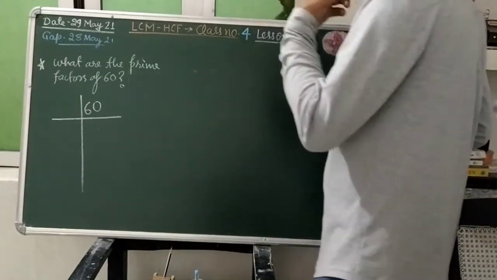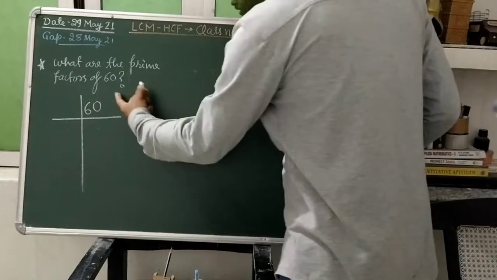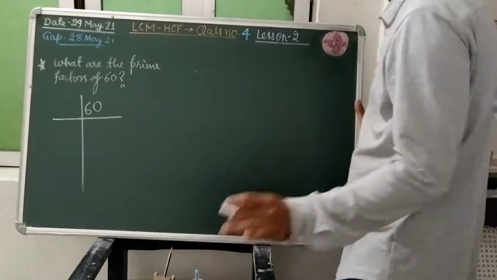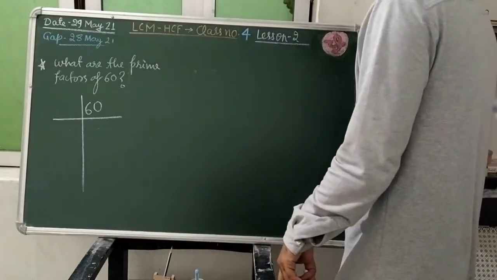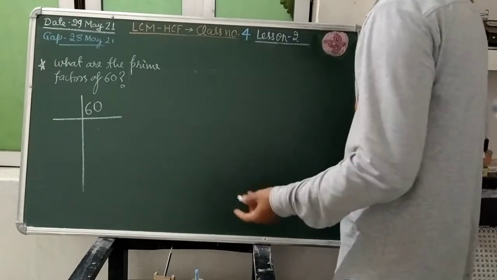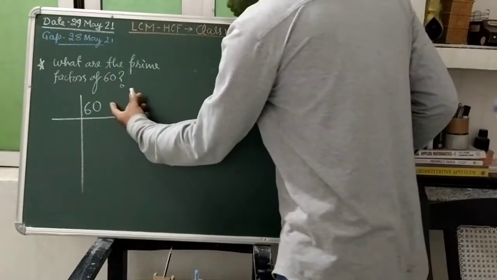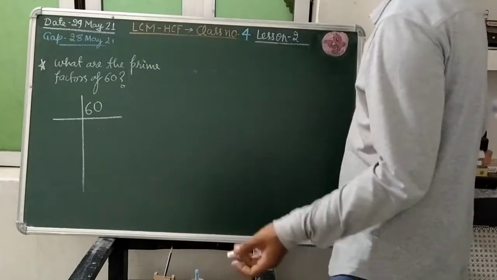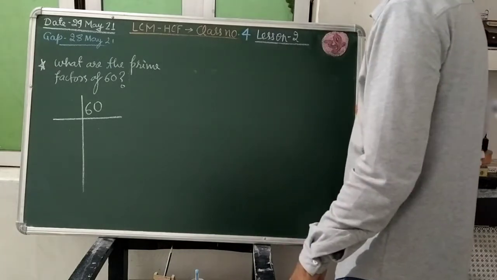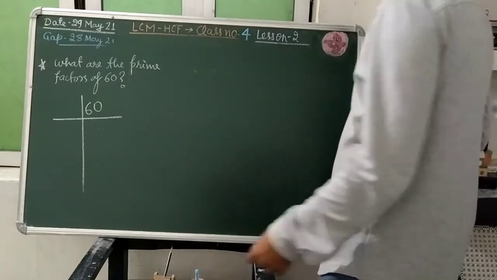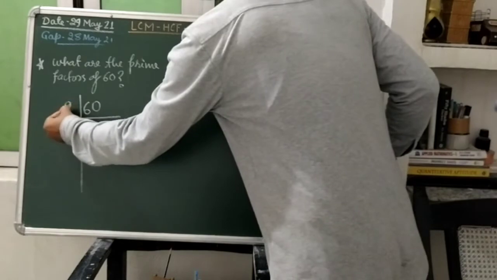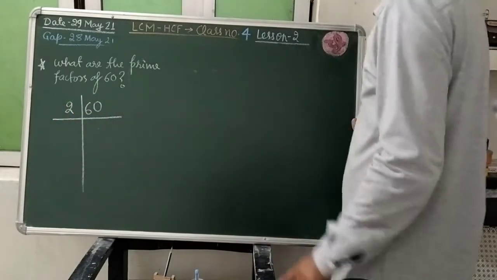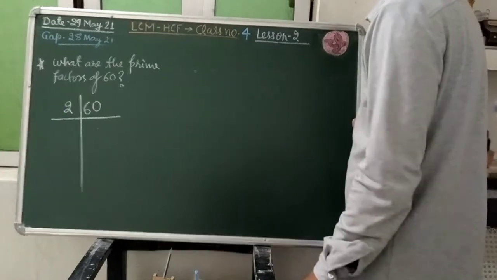So look students, here is a composite number, so we shall start from 2, 1 we will not select. We look whether 60 is divisible by 2. Yes, 2 is going to divide 60. So what will we do, students? We will select the 2 here and see how many times 2 goes into 60.